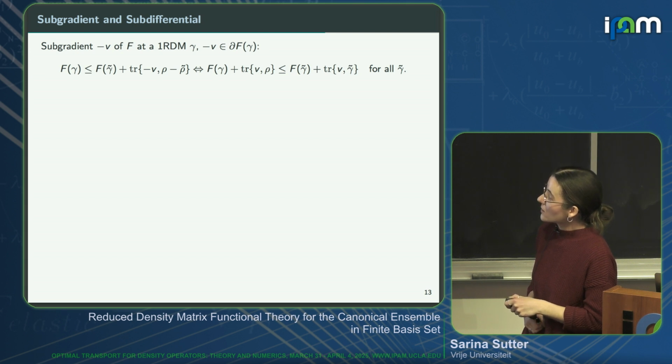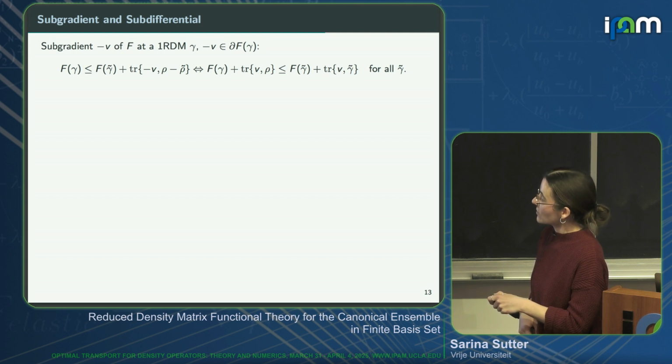Then if we collect all the terms depending on gamma on one side, and all the terms depending on gamma tilde on the other side, we get this inequality, and this holds for all gamma tilde. If you remember, we want to minimize this over all gamma.